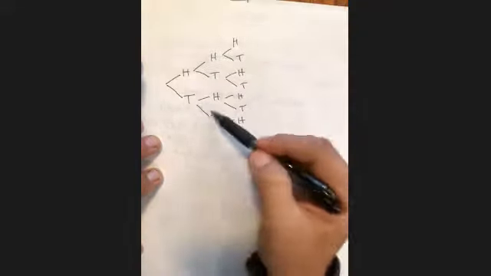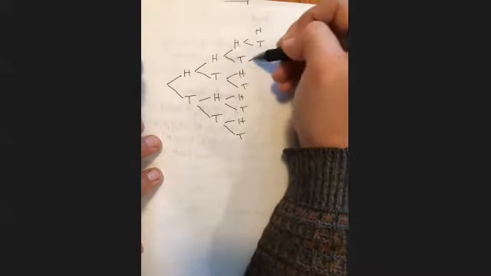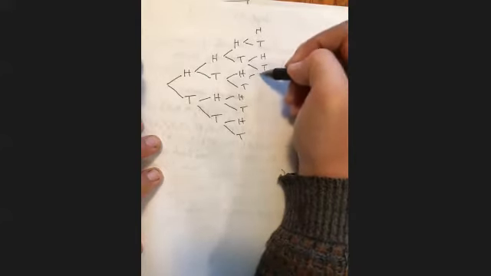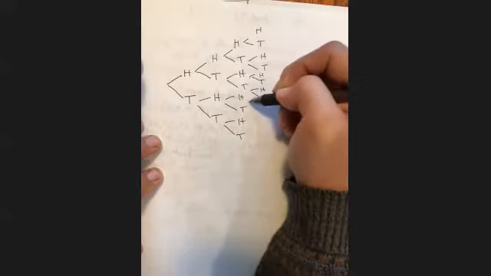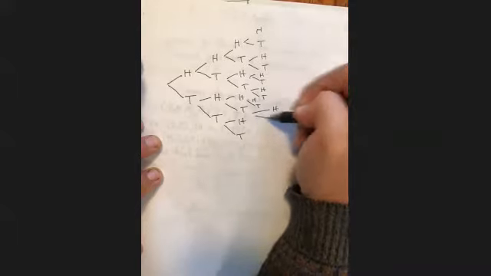And then that's 1, 2, 3 flips. So we have one more flip. Running out of space here. Make sure you leave enough space for your trees.